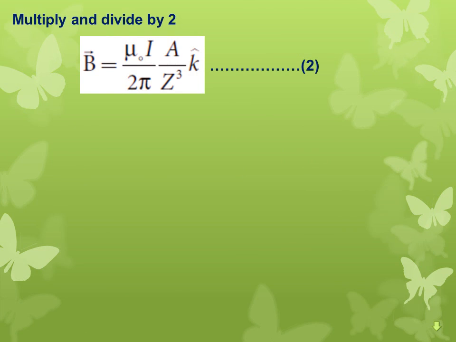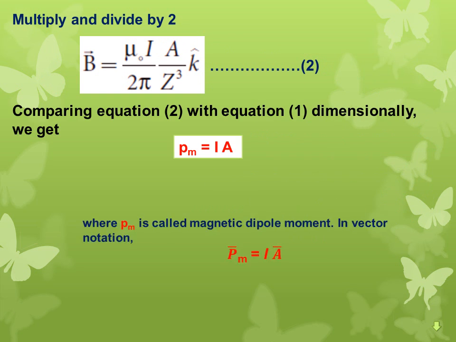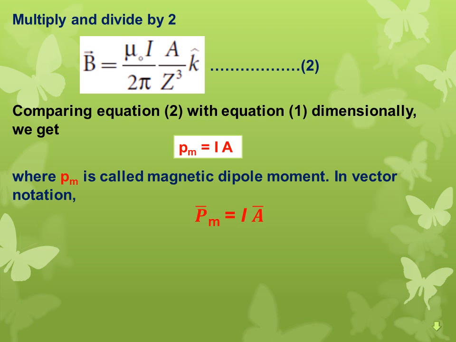That is, B equal to mu naught by 2 pi, into i A by z cube, into k cap. Comparing equation 2 with equation 1 dimensionally, we have Pm equal to i A, where Pm is called the magnetic dipole moment. In vector notation, Pm is equal to i A.